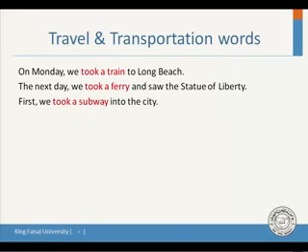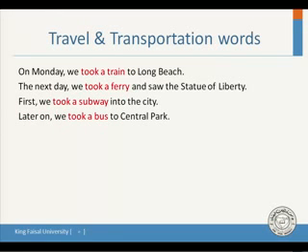First, we took a subway into the city. Again, look at these three sentences. The verb is took in the three sentences: took a train, took a ferry, took a subway. What's a subway? It's like a train underground.